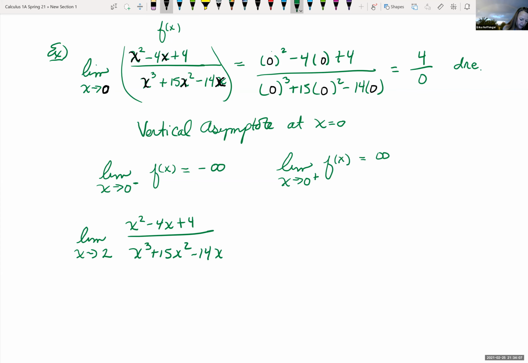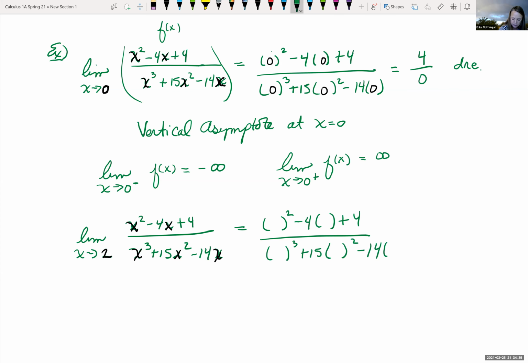Again, we do direct substitution, and wherever we see an x, we plug in 2 and then simplify. So we get 2 squared minus 4 times 2 plus 4, all over 2 cubed plus 15 times 2 squared minus 14 times 2.